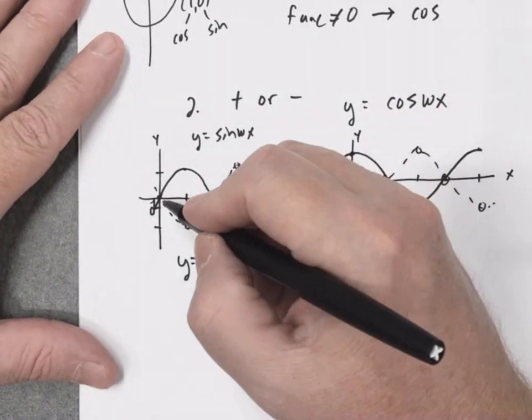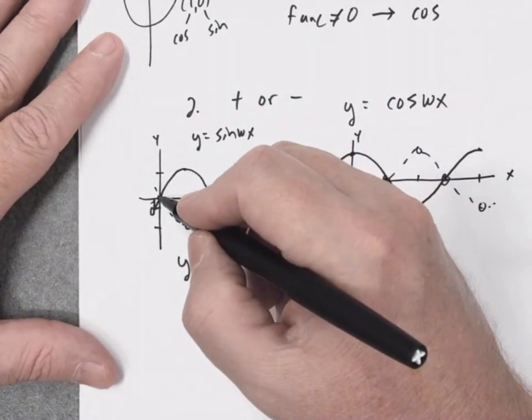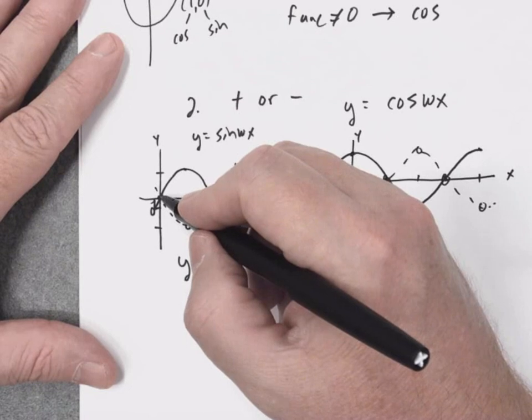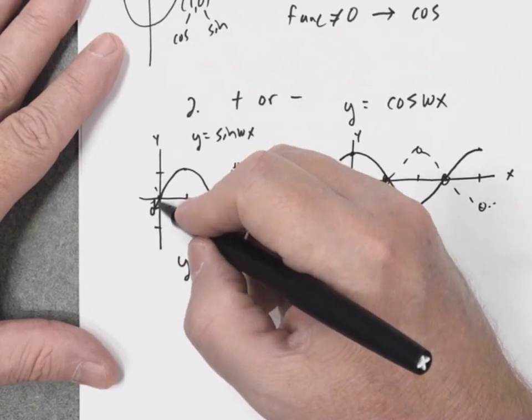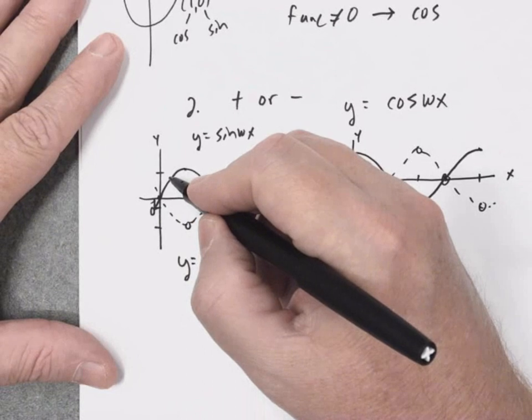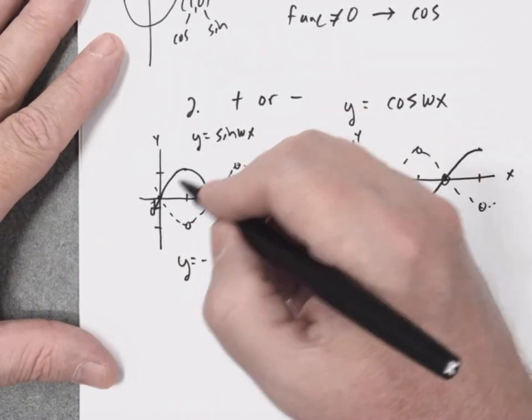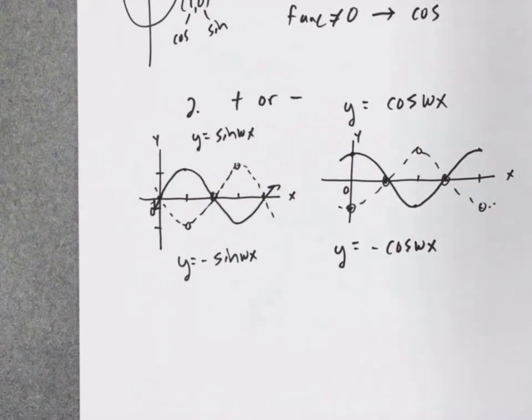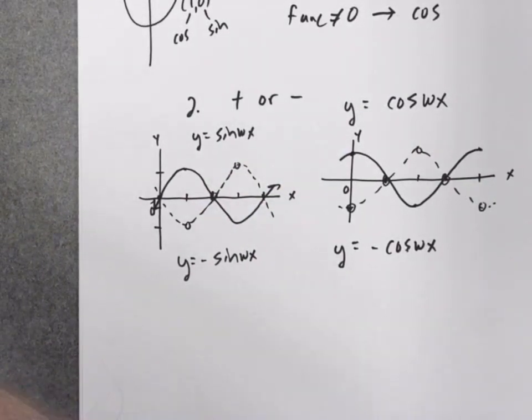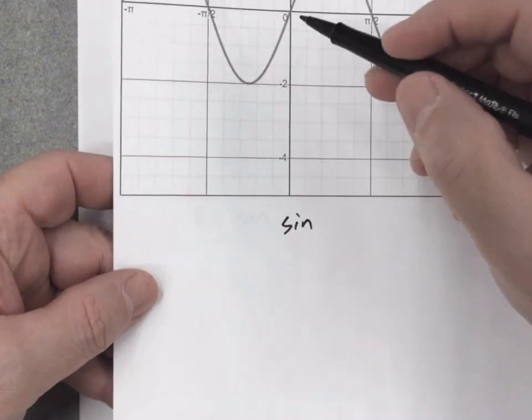So what do you do? Well, you go to, once again, angle 0, and if the graph is going up at angle 0, it's a positive sine. If it happens to be going down, it's a negative sine. So if I go grab my pile of graphs, let's say this one.